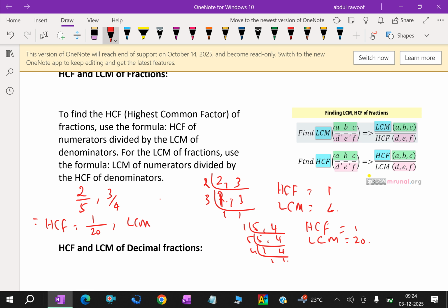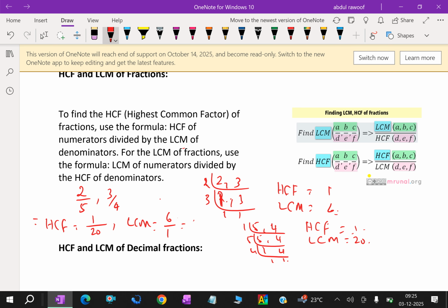And for the LCM? For the LCM of the fraction, use the formula: LCM of the numerators, which is 6, divided by the HCF of the denominators, which is 1.